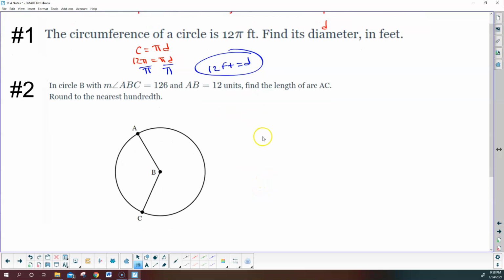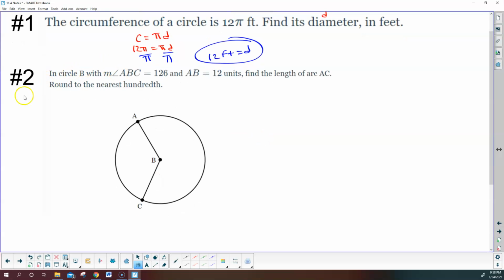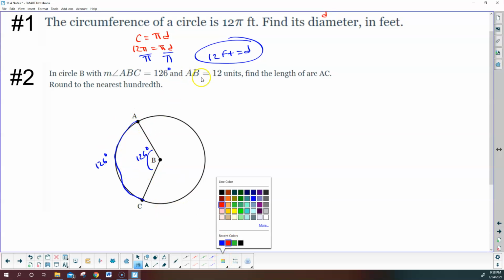Okay, next one. In circle B, measure of ABC is 126. Now, this should say degrees because it's the measure of the angle. So they're saying that this angle right here is 126 degrees, which means its measure of the arc is also 126.